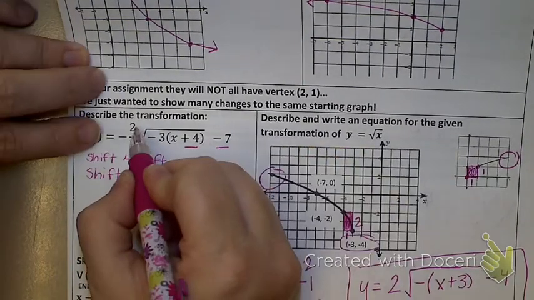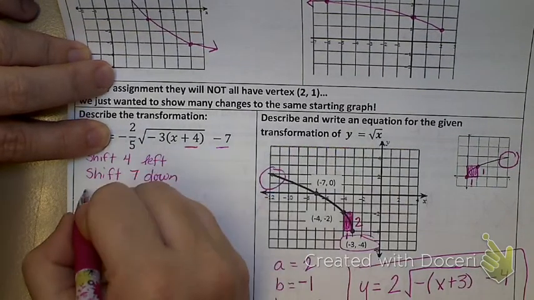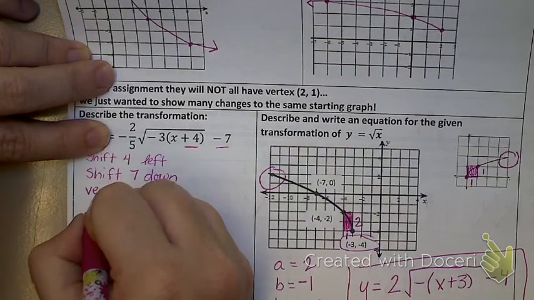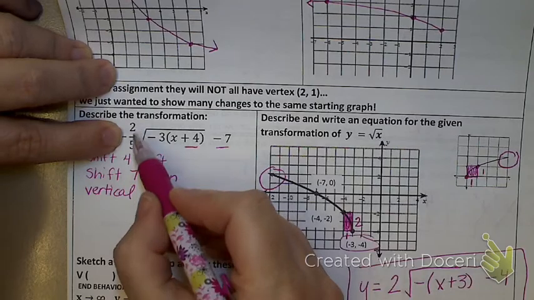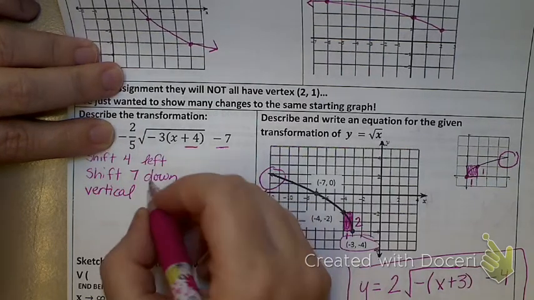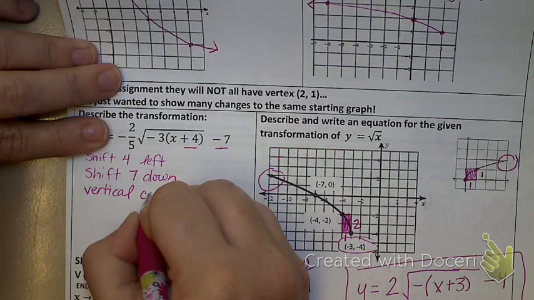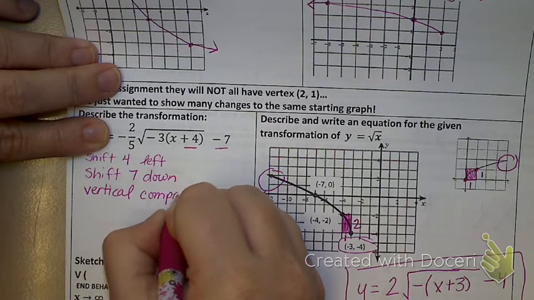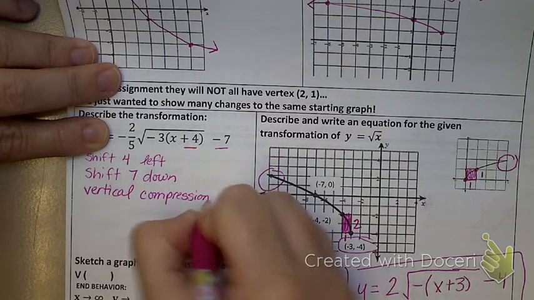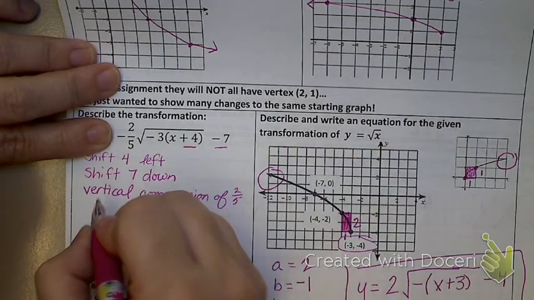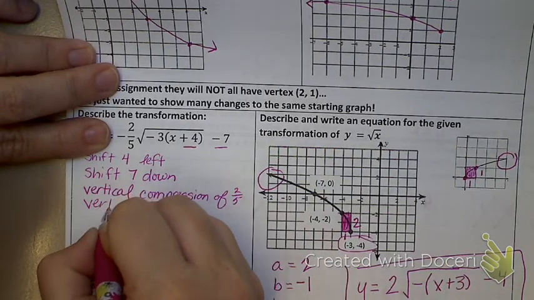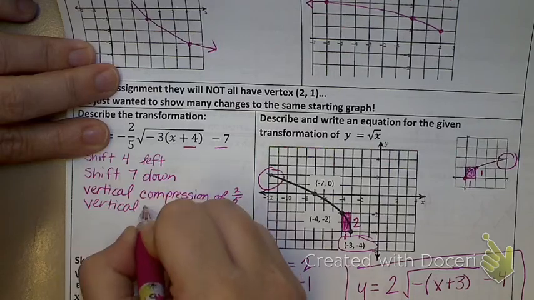Now I'm going to look at my A and B. Now A means I have some things going on vertically. First off, A is less than 1. 2/5 is about 0.4. That means I have a vertical compression of 2/5. Since it's negative, I also have a vertical reflection.